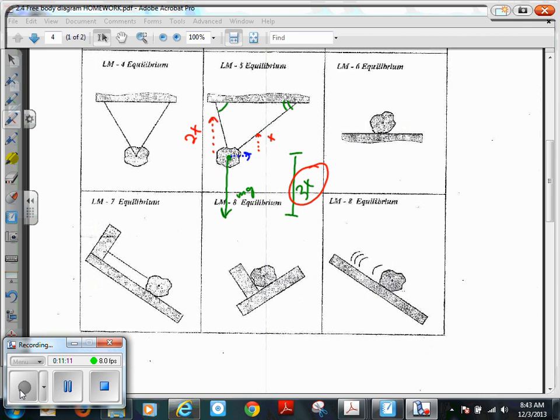Now these have to be exactly the same. So really, if I'm doing this right, I should probably do those two first, because if those aren't the same, then it doesn't show that it's in equilibrium horizontally. Okay, so just to make this better, I'm going to have to change this here. And that would be 1x here. Okay, so now we have our qualities in order.